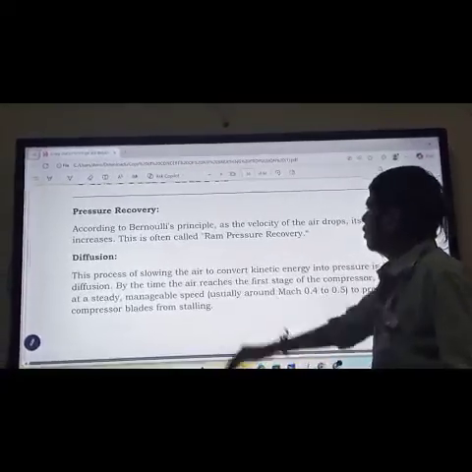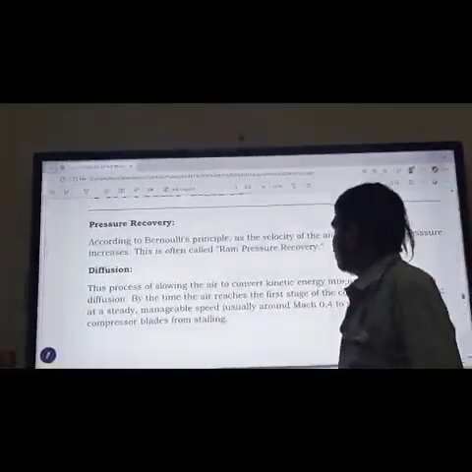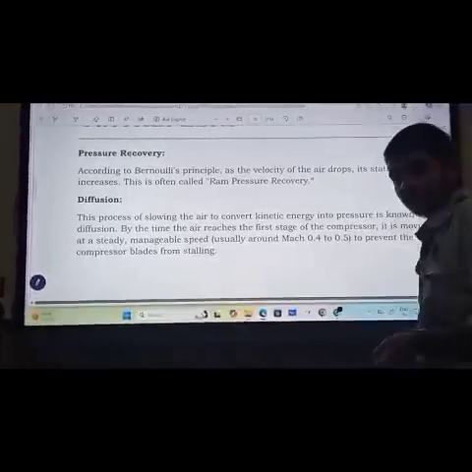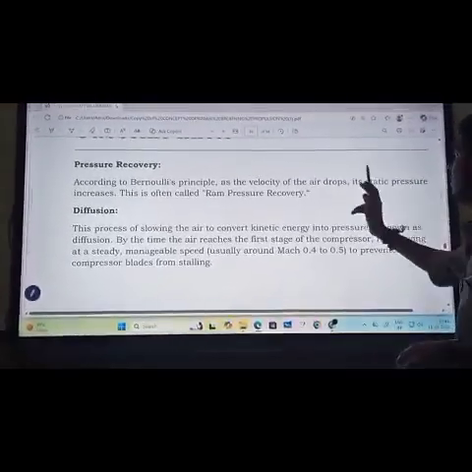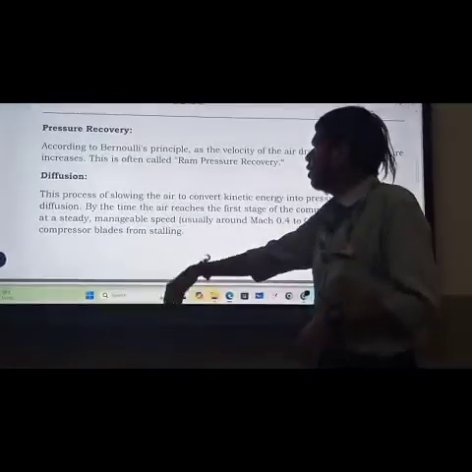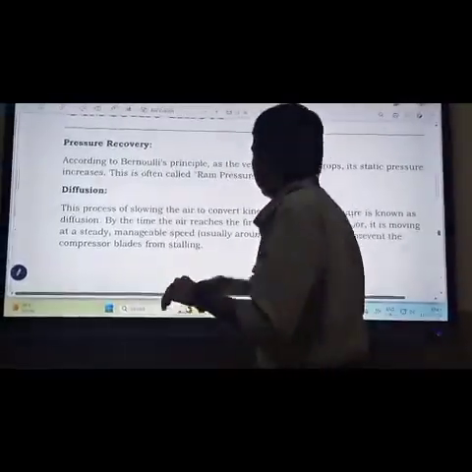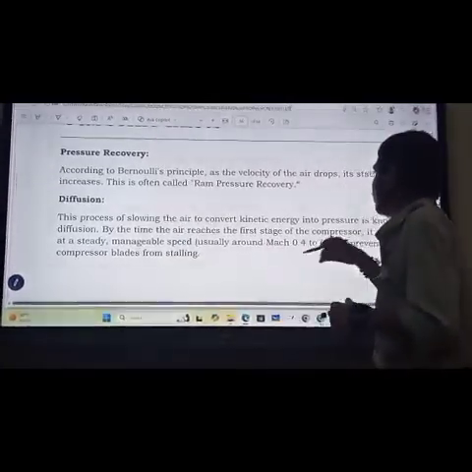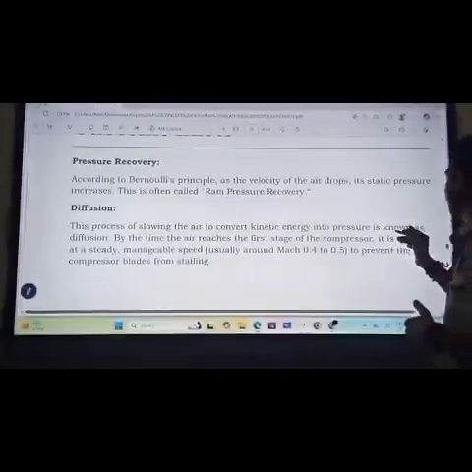Pressure recovery and diffusion. Bernoulli's principle states that as the velocity of the air drops, its static pressure increases. This is often called rapid pressure recovery. Diffusion is the process of slowing the air, converting kinetic energy into pressure.